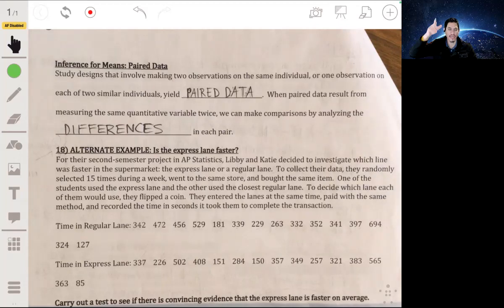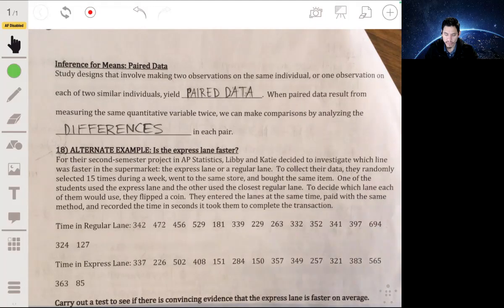You care about if person one went from 5 hours to a time less than 5 hours, and person two went from a time of 3 hours to a time of, whatever, 2 hours and 50 minutes or something. You want to see if on average you have an improvement of time. So you're going to be analyzing the difference in their times.